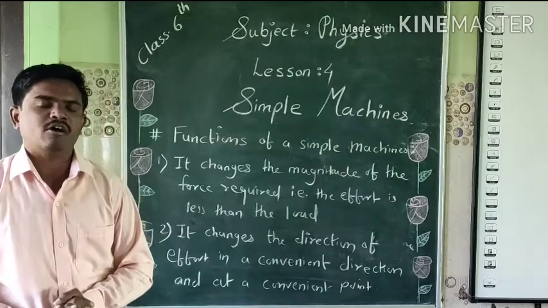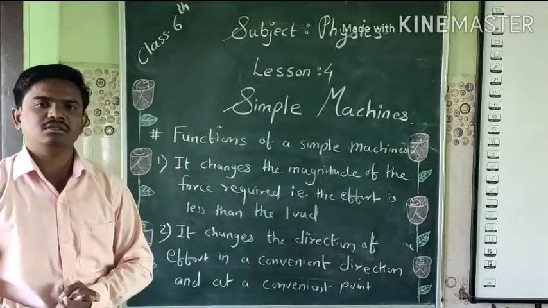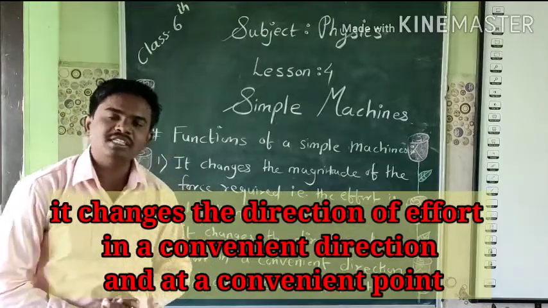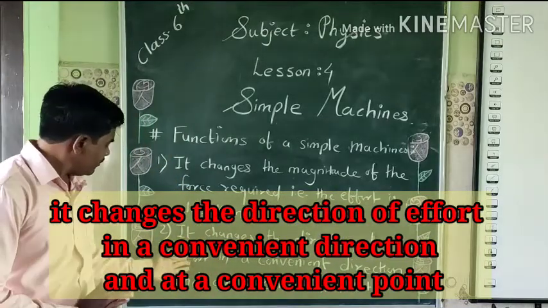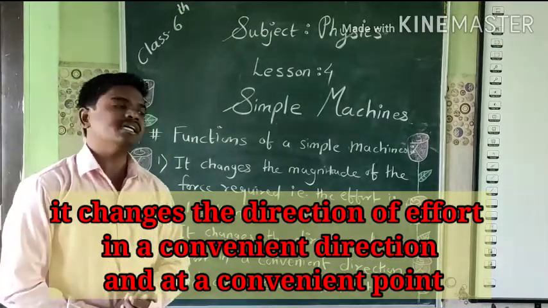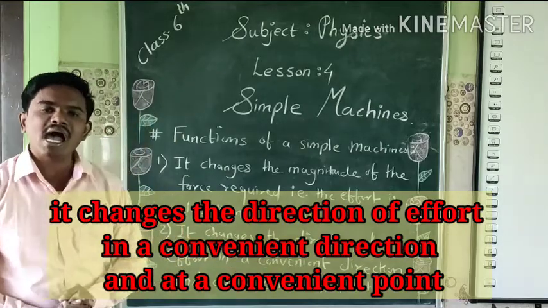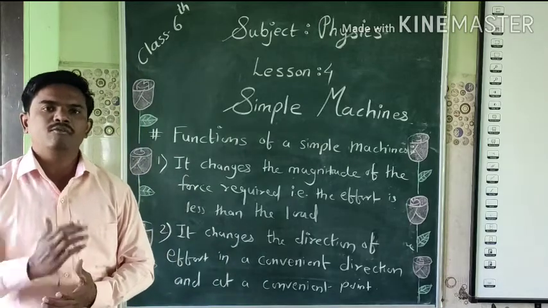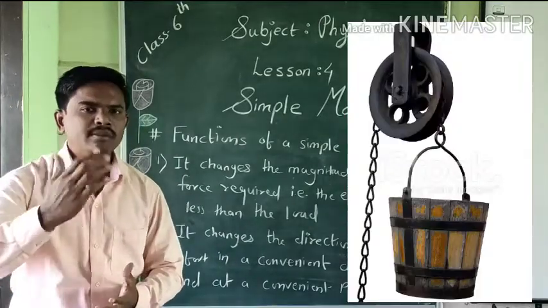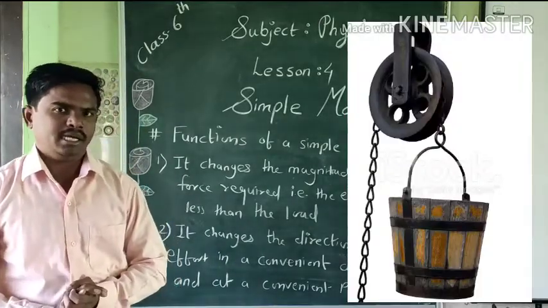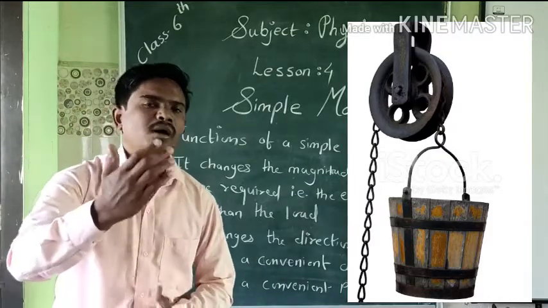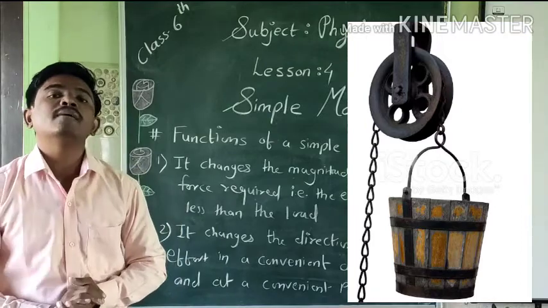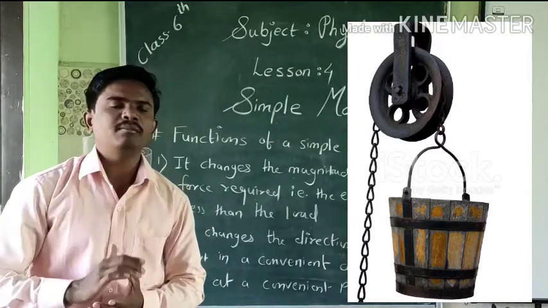Another function of a simple machine is that it changes the direction of the effort to a convenient direction and a convenient point. For example, to lift a bucket of water from a well, we use a pulley, a simple machine.